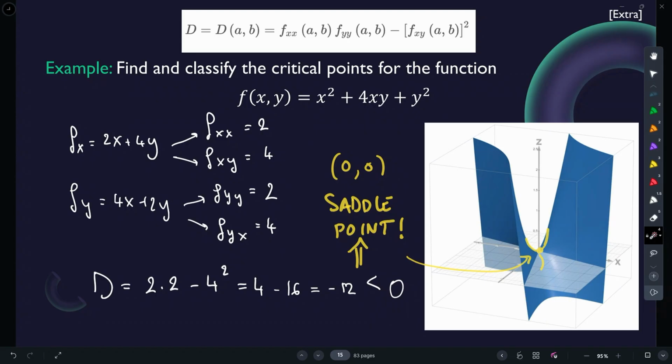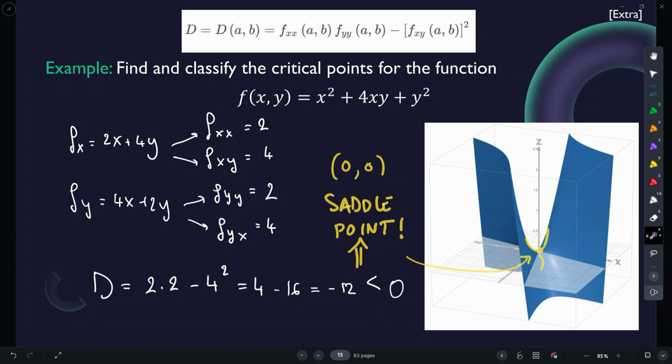What I said is that because this was quadratic, these functions ended up just being constants, but they could have been functions of x and y. I'm not sure I have an example where these are actual functions of x and y. And then to compute this number, you have to plug in at the critical point.